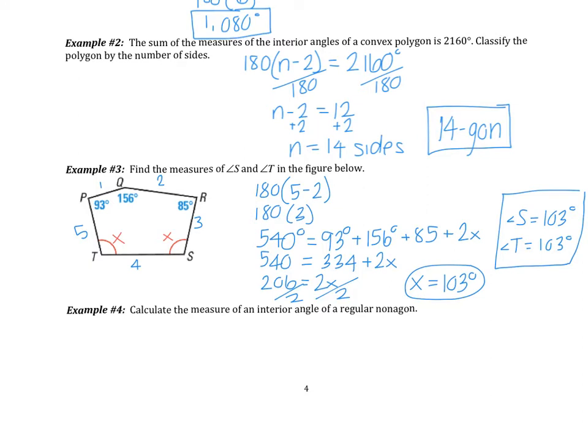Again, super important using that formula that we have, the fact that 180 times n minus 2 gives the interior angles. Okay, pause the video for a moment. Try example 4, where you calculate the measure of an interior angle of a regular nonagon.